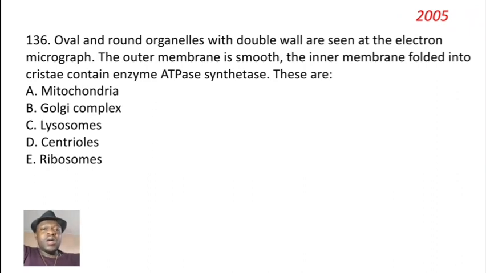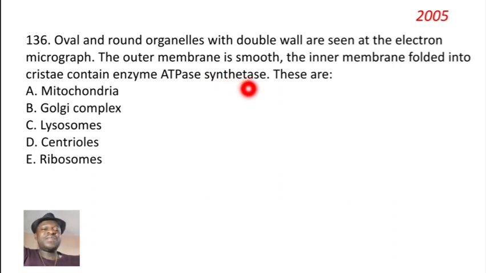Okay. Oval and round organelles have double wall. Let me read again. Oval and round organelles with double wall are seen at the electron micrograph. The outer membrane is smooth and the inner membrane is folded into cristae containing the ATPase enzyme, right?